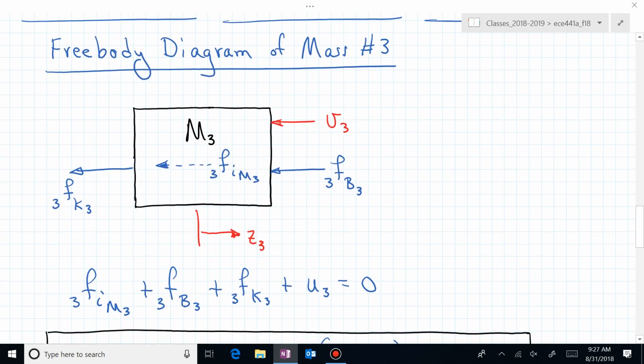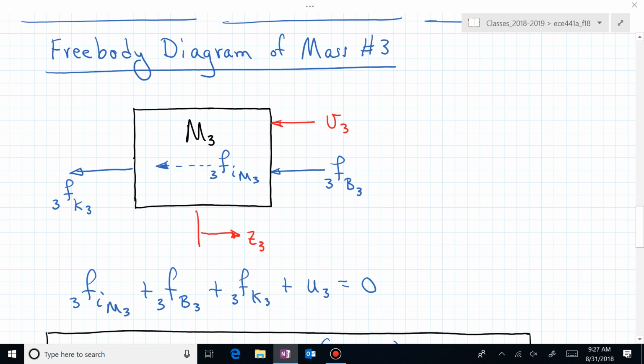Free body diagram number 3, or for mass number 3, has a little bit more going on. Here, note that the externally applied force, V sub 3, is in the same direction as all of the other forces that appear when we try to move mass m sub 3 in the positive z sub 3 direction.